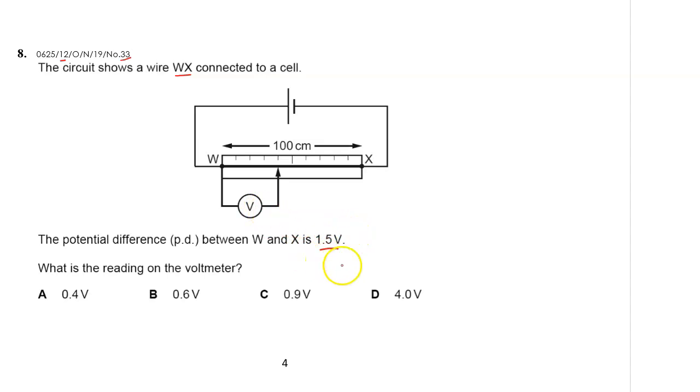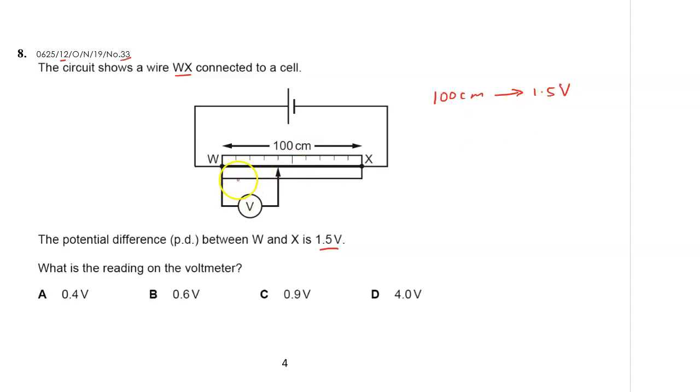The voltage is 1.5. What is the meter reading? Okay, the wire is 100 centimeters, so we can say 100 centimeters is equivalent to the resistance of the wire, and it's 1.5 volts across it.